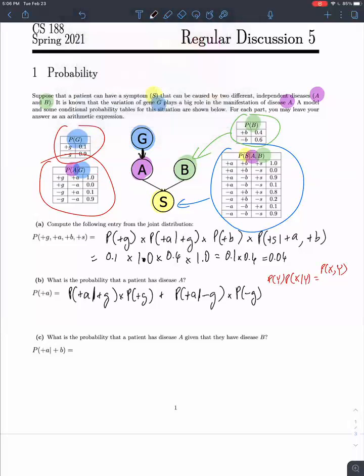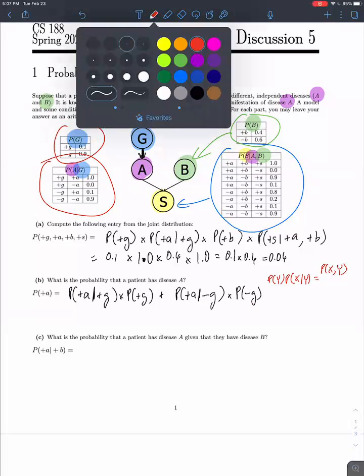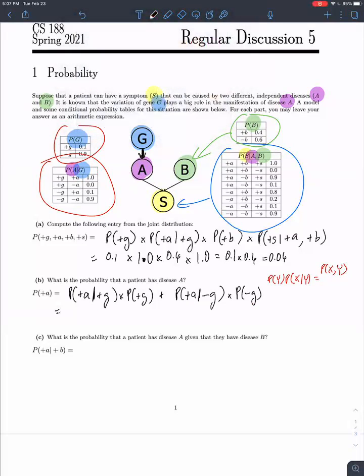So the point of all that is that we now have probability of A given G and probability of G, and probability of A given not G and probability of not G. And these are numbers that we just look up in the tables provided. What's the probability of being positive for A given that you're positive for G? That's positive in this A given G table, so that's 1.0. What's the probability that you're positive for G?